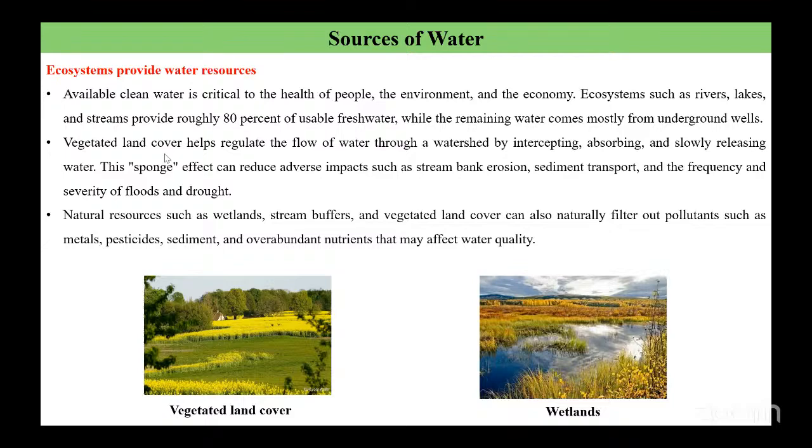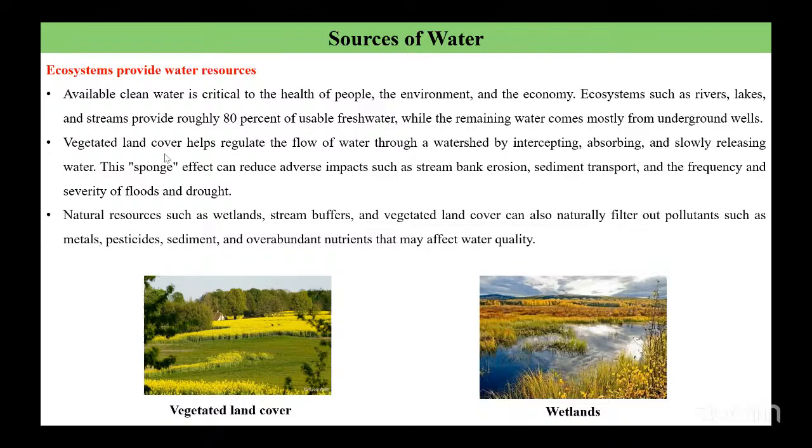Once the water is trapped, the sediments will not be transported further. Slowly, by the natural filtration process of the earth, that is soil, rock, charcoal, everything, it gets infiltrated and then groundwater recharge is done. So the sediment transport will be stopped, and the frequency and the severity of floods also will be reduced.